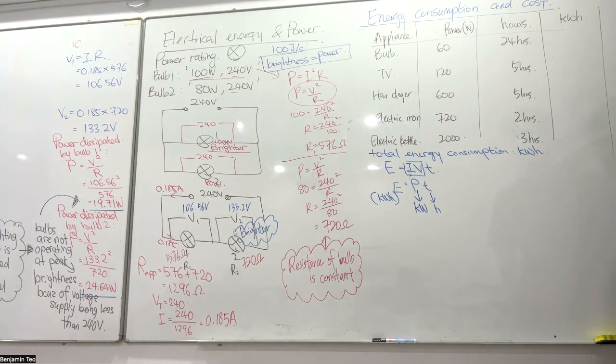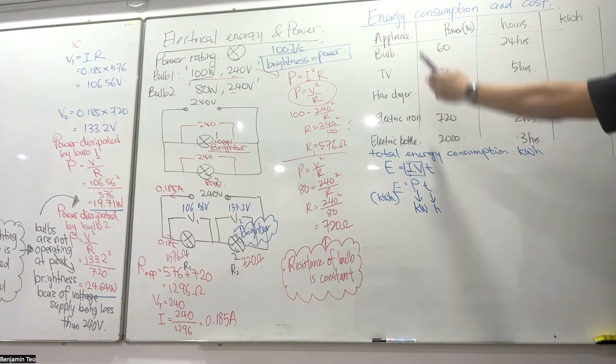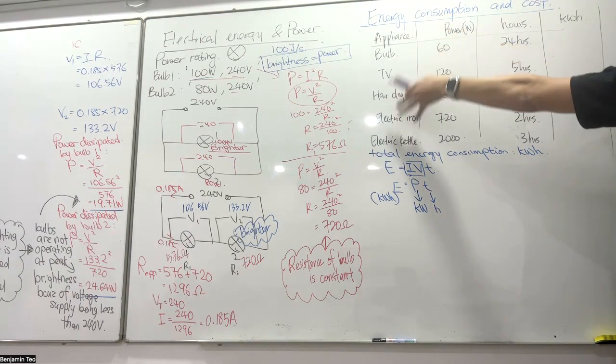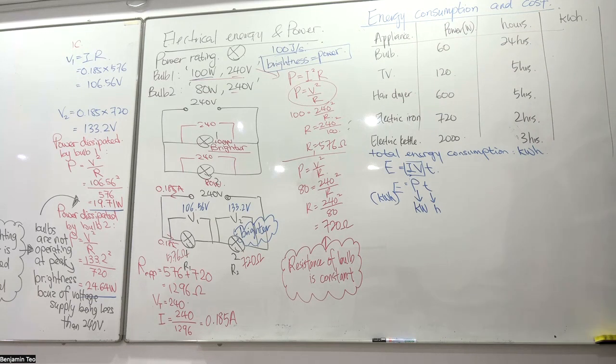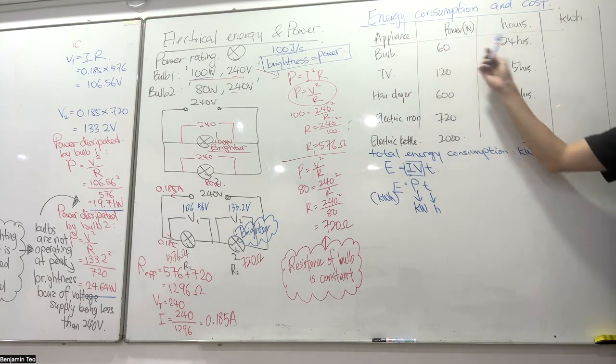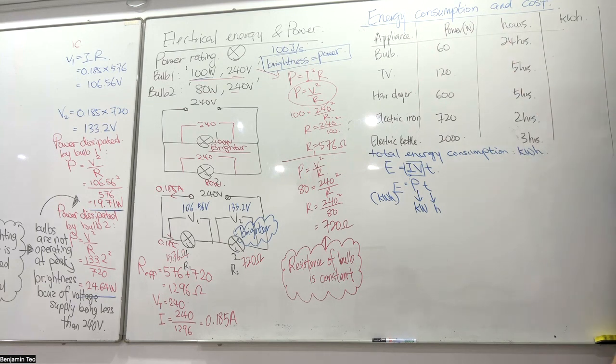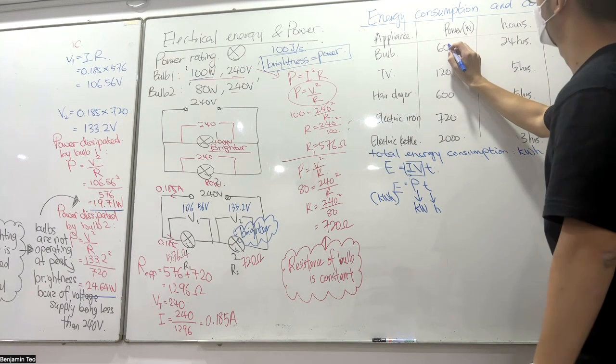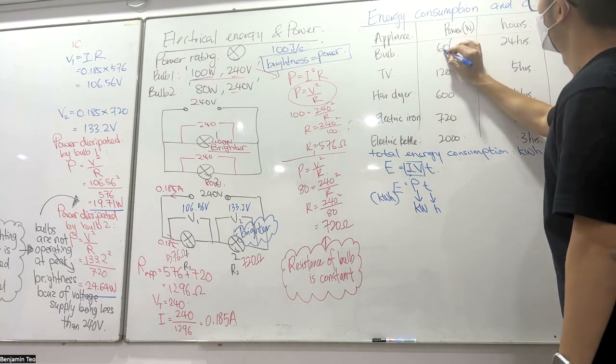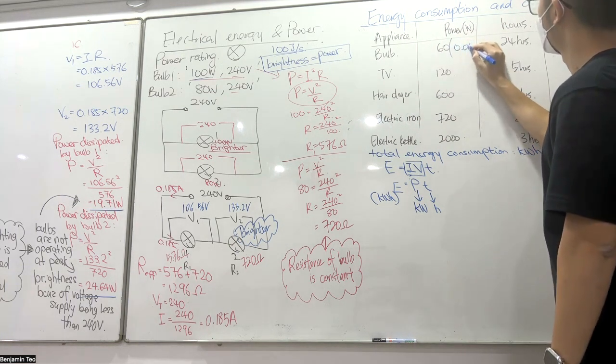Can we calculate the energy used by all these 5 appliances in one day? Your bulb in your house, usually you just turn it on for the whole day, so 24 hours. It's consuming 60 joule per second. So first we change this to kilowatt: 0.06 kilowatt.